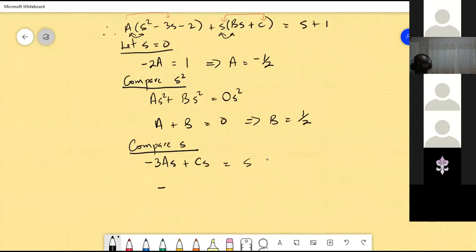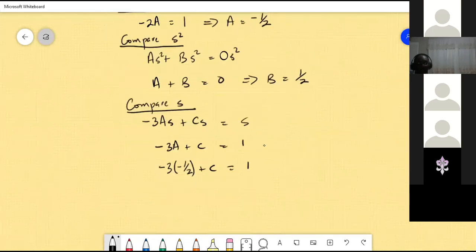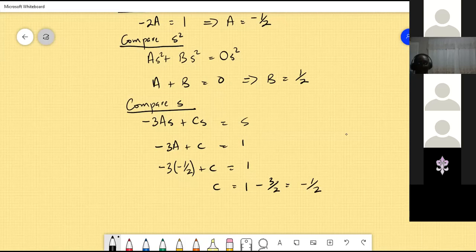So minus 3a plus c equals 1. So a is minus a half, so that's minus 3 times minus a half plus c equals 1. So c would be equal to 1 minus 3 over 2, 2 over 2 minus 3 over 2, so that's minus a half. Yeah, so that doesn't make life easier at all.